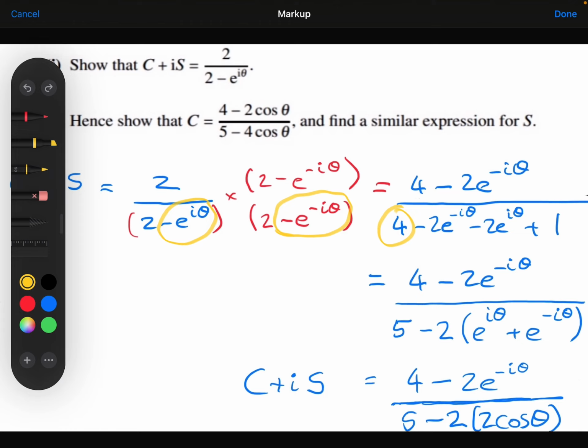And then if I factorise out this minus 2, on the inside I'm left with the e to the I theta plus e to the minus I theta. And now I can use our usual identity of replacing this with the 2 cos theta.